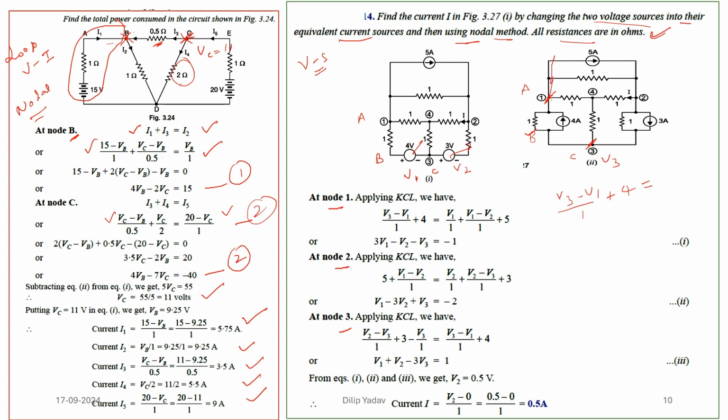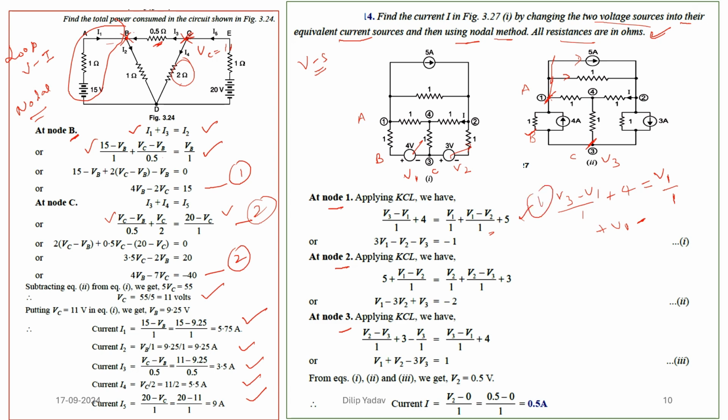So it will be equal to V1 divided by 1, because the resistance is 1. Then we have plus V1 minus V2 divided by 1 plus 5. This was the current that we have. So this will be the first equation.